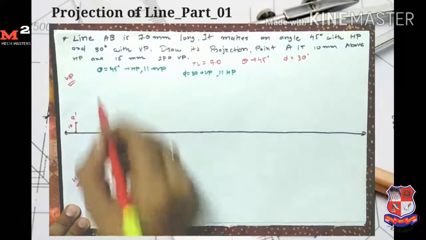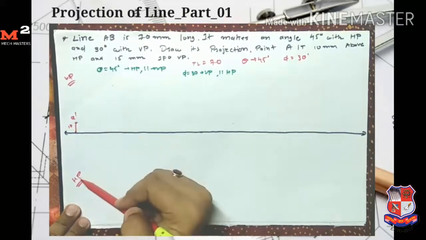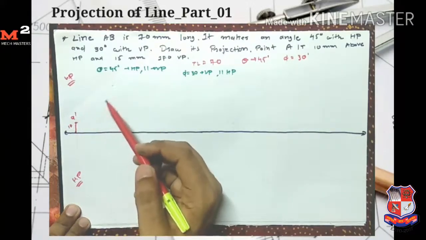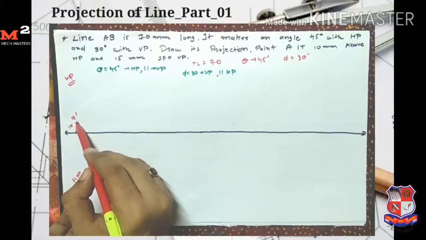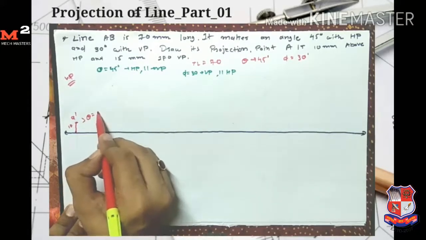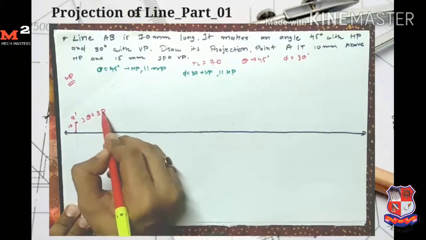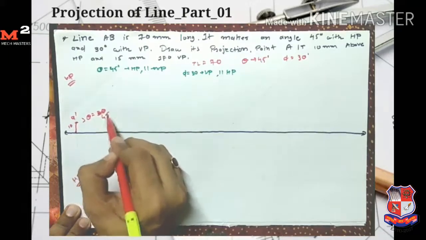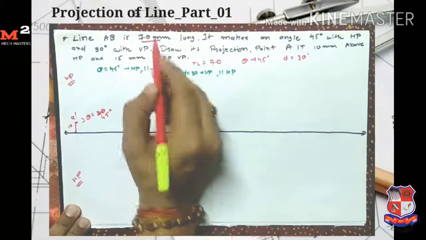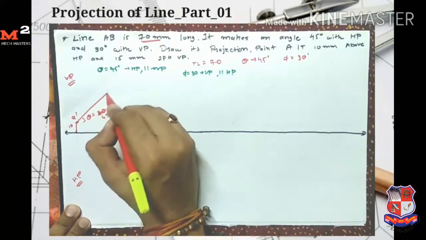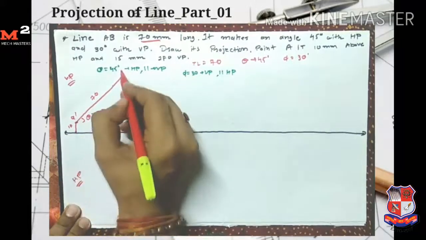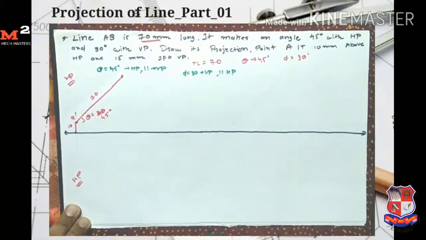The line makes an angle with the horizontal plane, so we represent it on the vertical plane because this angle is seen in the front view. From the A dash point I take the angle theta equal to 45 degrees, and the length equal to the true length, which is given as 70 mm. So I take the distance 70 mm at an angle of 45 degrees, and here I get my point B.